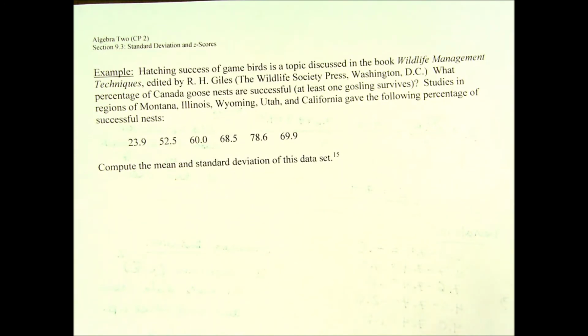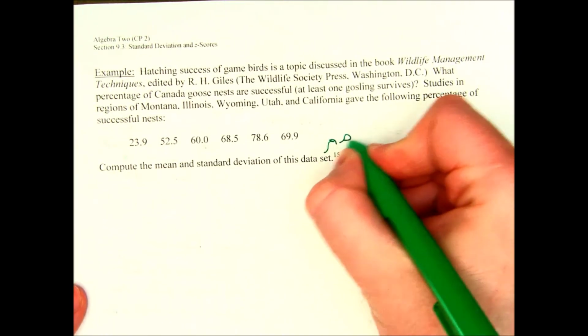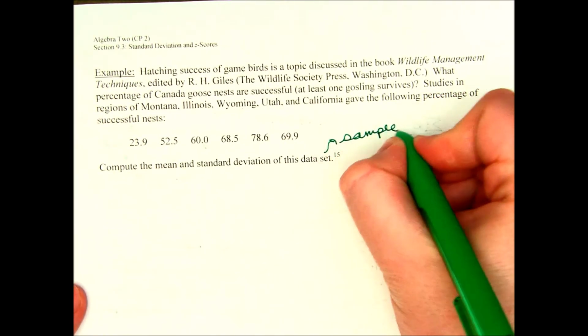I want to find the mean and standard deviation of this data set. Well, this data set is a sample. These are not all goose nests all over Canada. These are not all goose nests across the U.S. These are Canadian geese, but in the U.S.